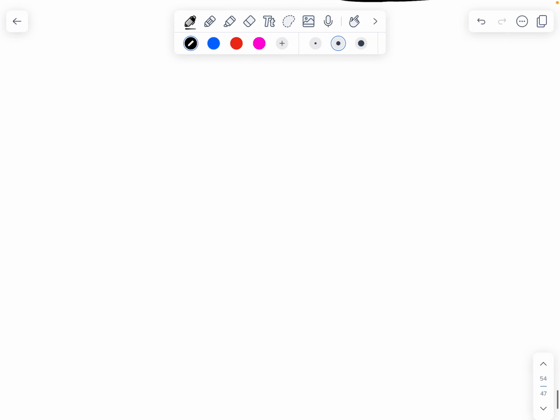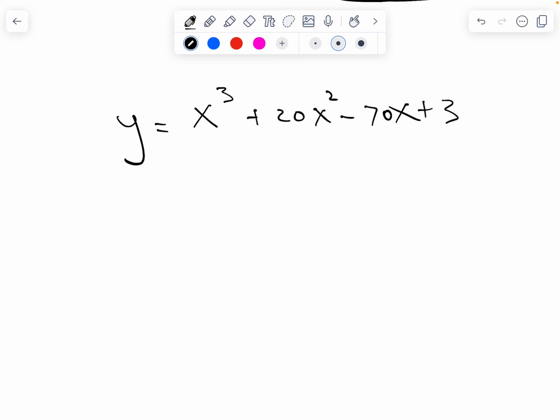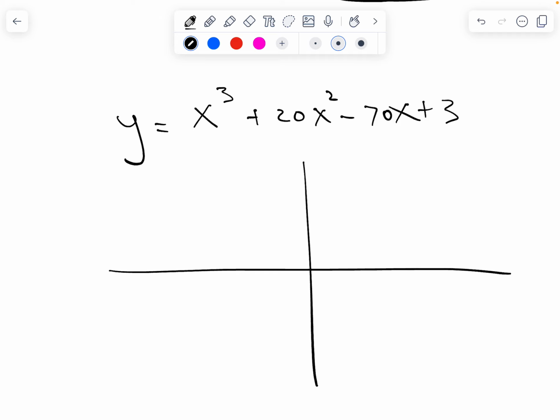Now, why does that matter? It matters because if we have some equation like y equals x cubed, let's keep the same equation actually, plus 20x squared minus 70x plus 3, and we want to know how this thing behaves on the extremes, at infinity and at negative infinity, it turns out that 3 is irrelevant, right? 3 is not going to be very big compared to the other terms.